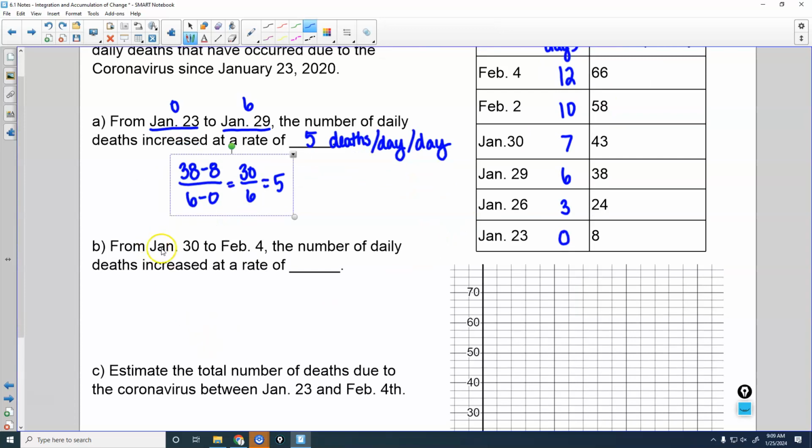All right, what about from January 30th to February 4th? We do the same thing, different points, right? So we do 43 minus 66 over 7 minus 12. I don't know why I put that in that order to get negatives on top and bottom, but I did. So what is that? Negative 23 over negative 5.